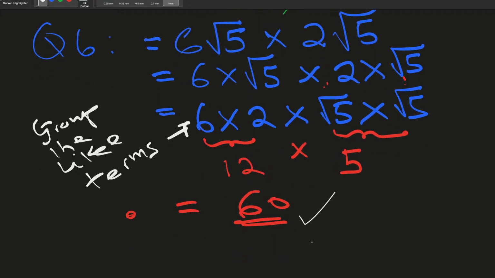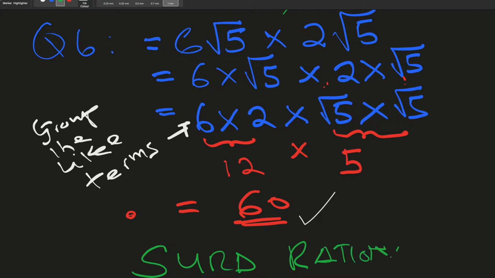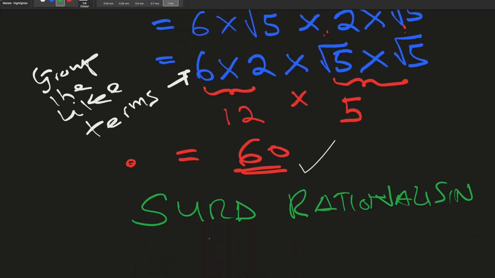Now, what we are going to look at today is called surd rationalizing. Okay, so our next topic is surds, rationalizing. So rationalization, rationalizing the denominator.